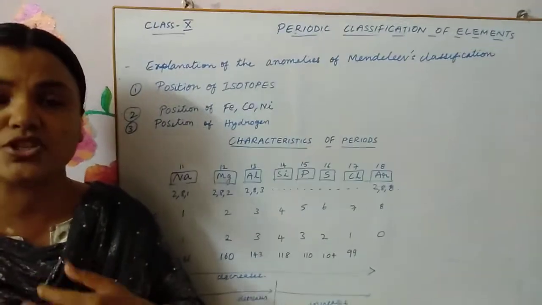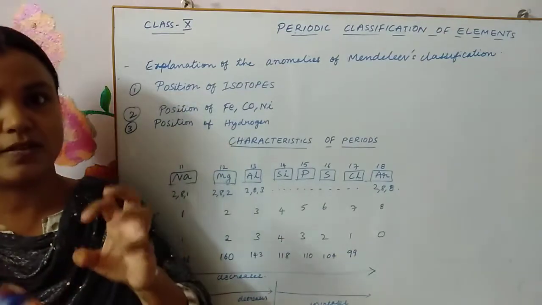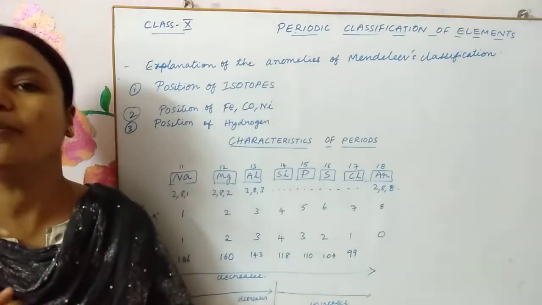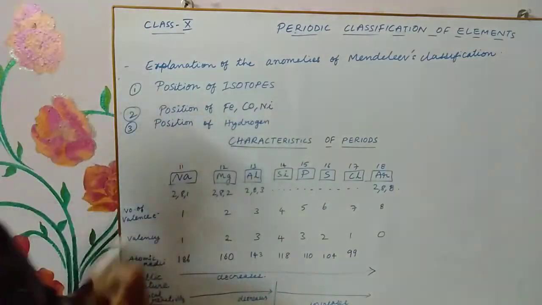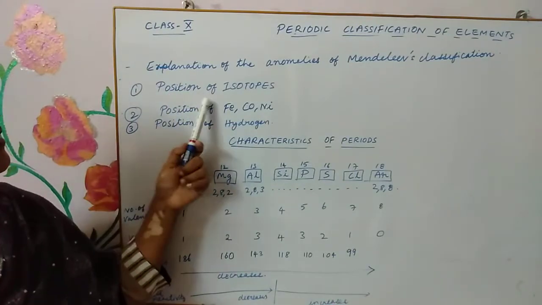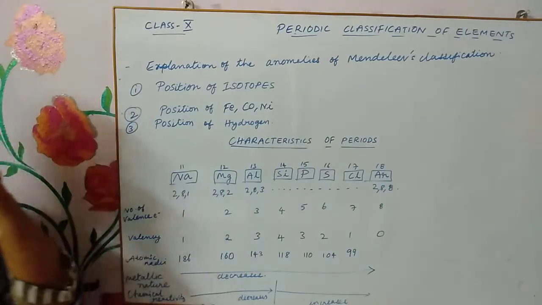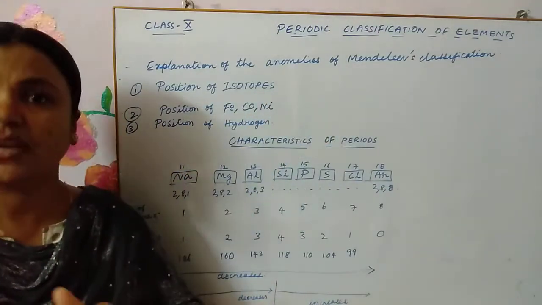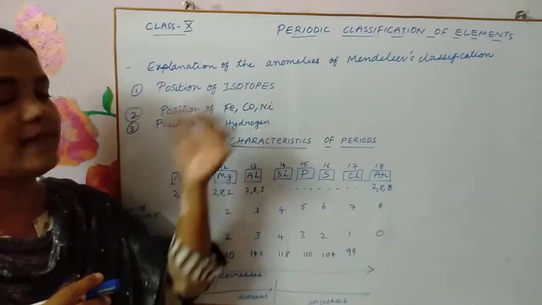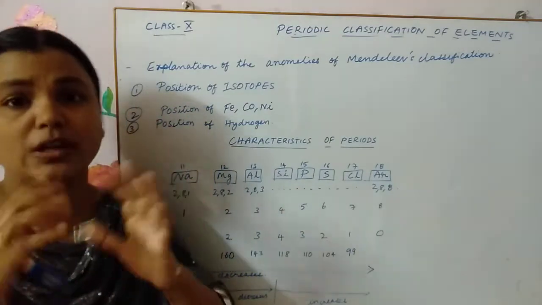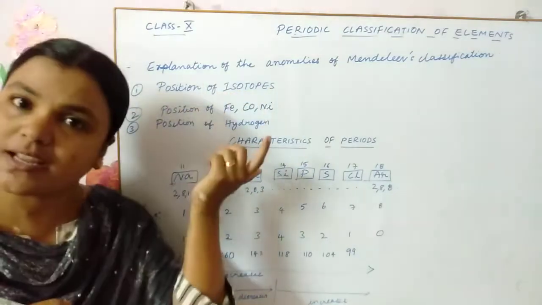It gives an explanation of the limitations or shortcomings of the previously told models or laws. You can see that the position of isotopes was not given properly by Mendeleev. He could not explain why the isotopes have to be given only one block. Because isotopes, what are isotopes?